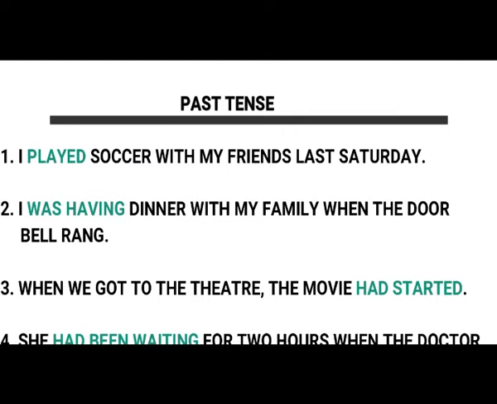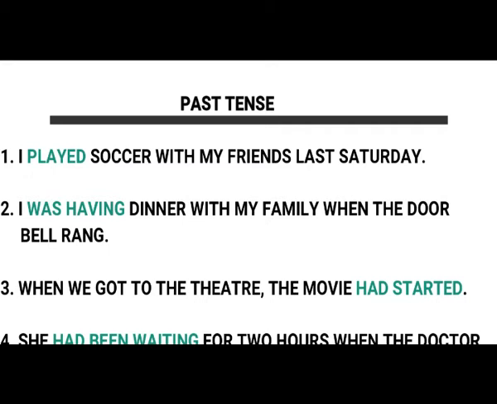Look at the verbs again. In the first sentence, we use the verb played. Played is showing a completed action. In second sentence, was having. This verb is showing an ongoing action. In third example, had started.